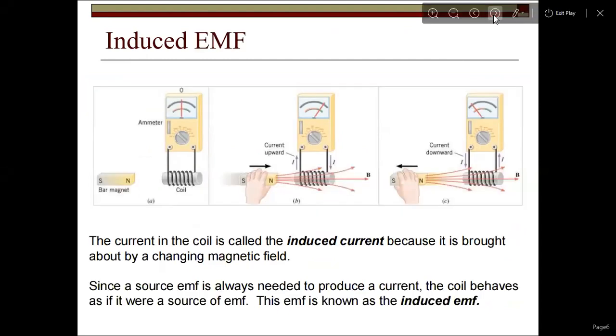Induced EMF: the current in a coil is called induced current because it is brought about by a change in magnetic field. Since a source of EMF is always needed to produce a current, the coil behaves as if it were a source of EMF. This EMF is known as induced EMF.